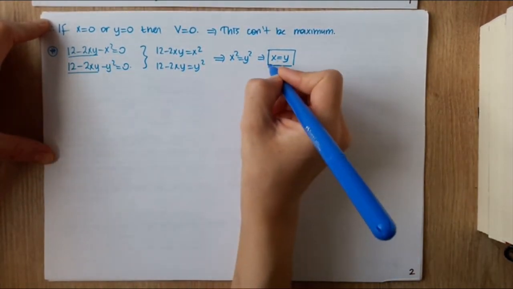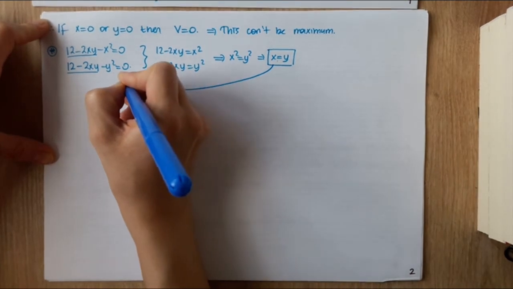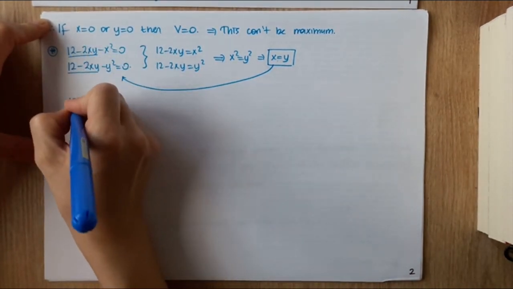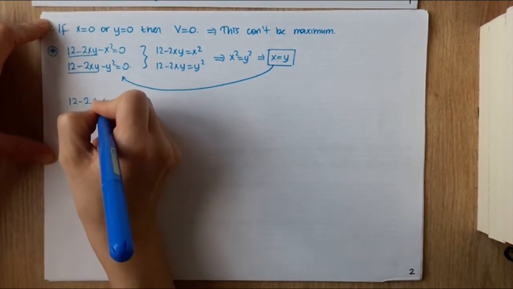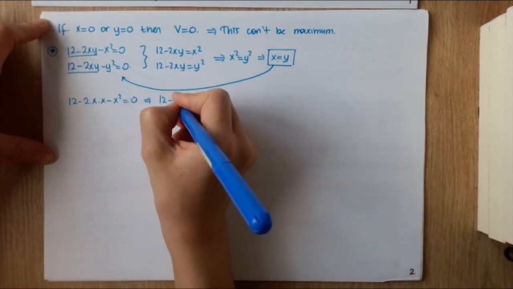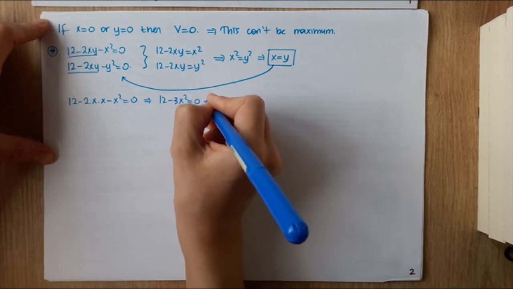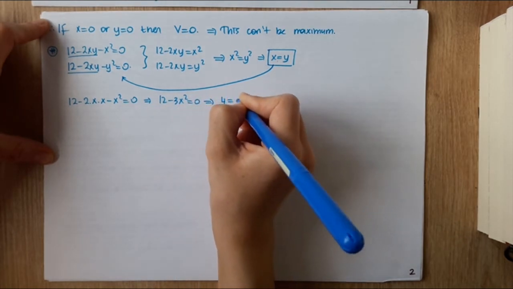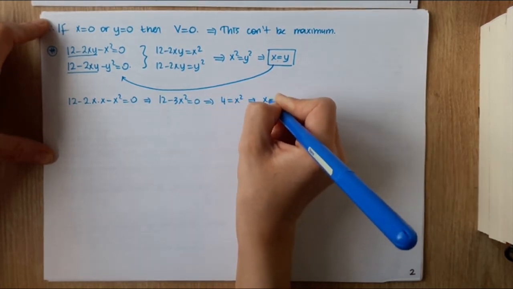I will substitute this in the original equation: 12 minus 2x times x minus x squared equals 0, which means 12 minus 3x squared equals 0. So I have 4 equals x squared, so x is 2 here.